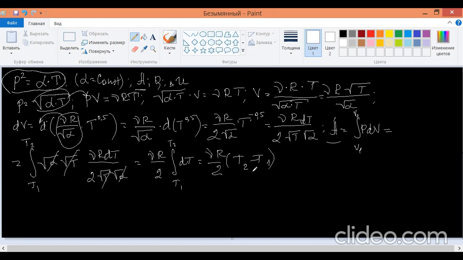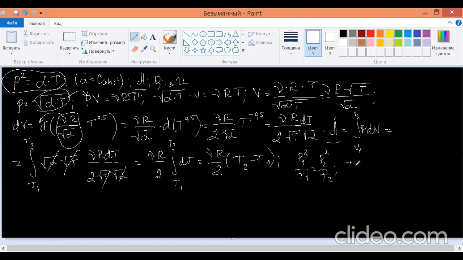It's more appropriate to express the formula not through temperatures but through pressures. Let's do that. Alpha is constant. For that reason, we can write P sub 1 squared over T1 is equal to P sub 2 squared over T2.